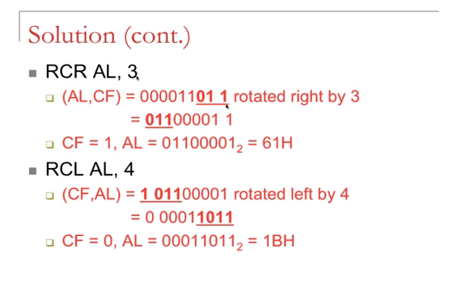If we're doing rotation to the left, this carry bit will be put on the left side, just to make it easier to understand. So this is the bit sequence, including the carry flag. And we're going to rotate to the right by 3 bits. So this 0, 1, 1 will be shifted out of the register and carry flag, and then loaded again to the other side.